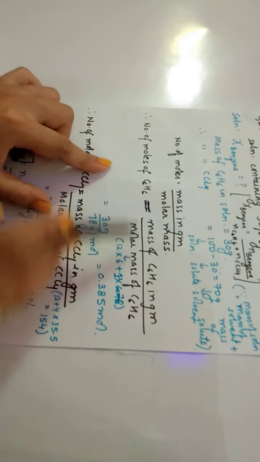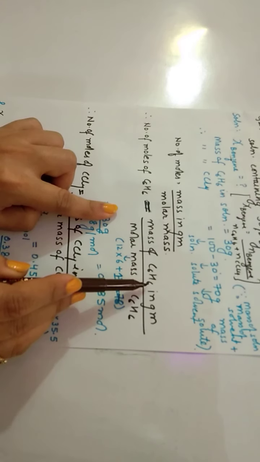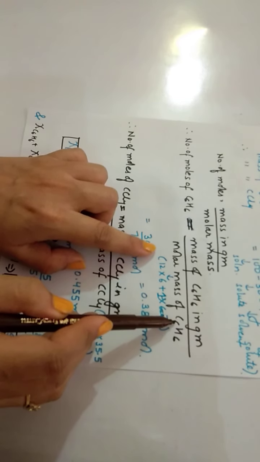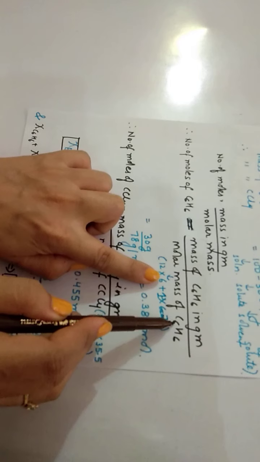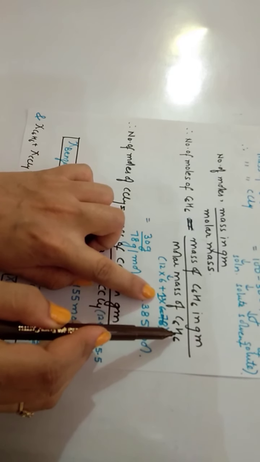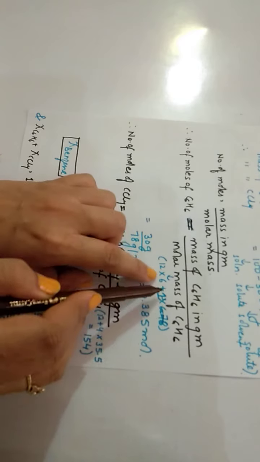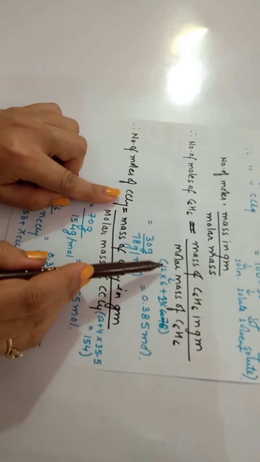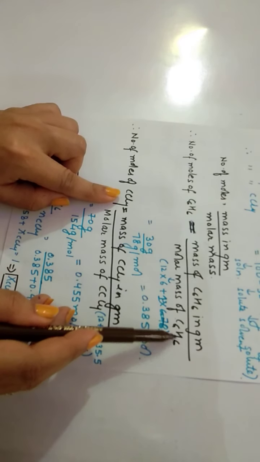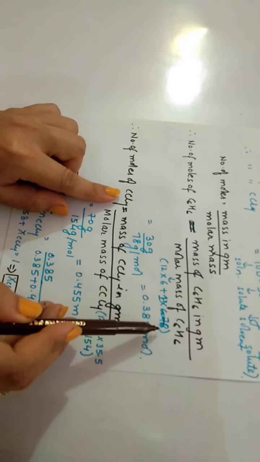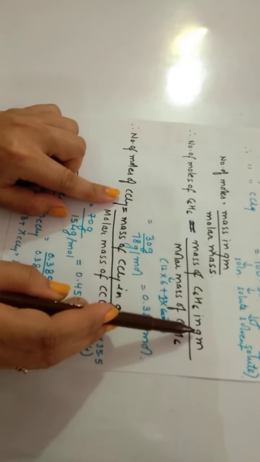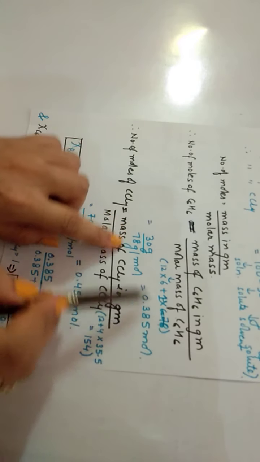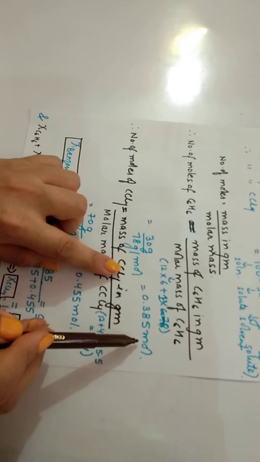So number of moles of benzene will be mass of benzene in gram divided by molar mass of benzene, where carbon is 12 into 6 plus hydrogen is 1 into 6, which is equal to 78 gram. So 30 gram divided by molar mass of benzene 78 comes out to be 0.385 moles.